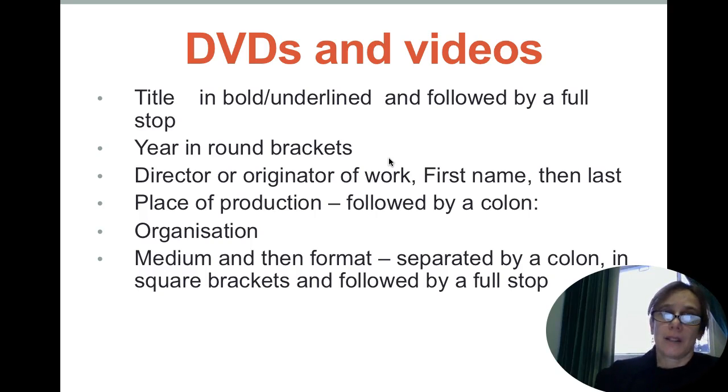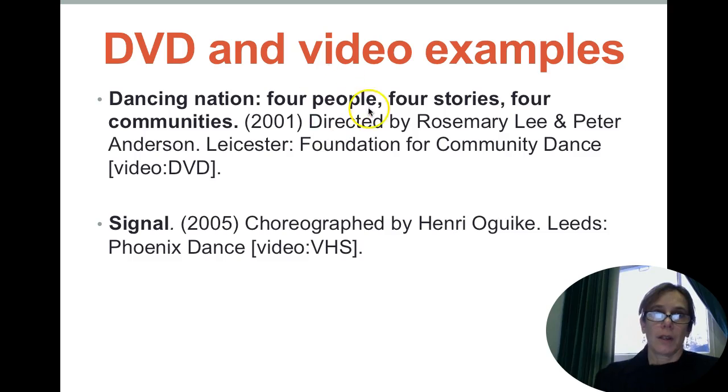DVDs and videos. So you might want to include some quoting or just mention or reference a DVD. And if you do, this is how you do it. We'll go to the example. So this is two examples. The first one by Rosie Lee, Peter Anderson. So again, what we do with the square brackets is tell the reader what kind of media it is.